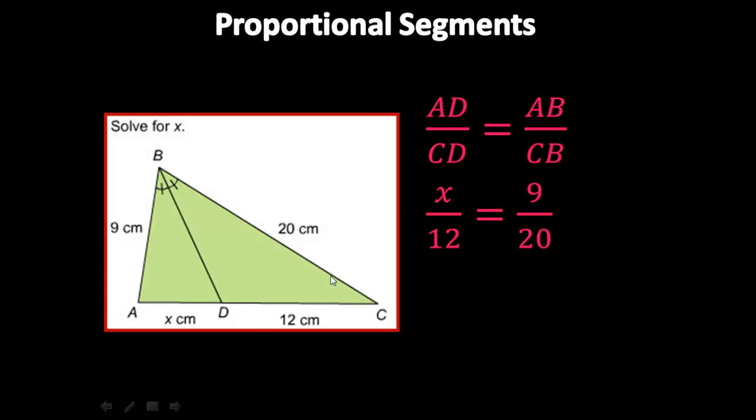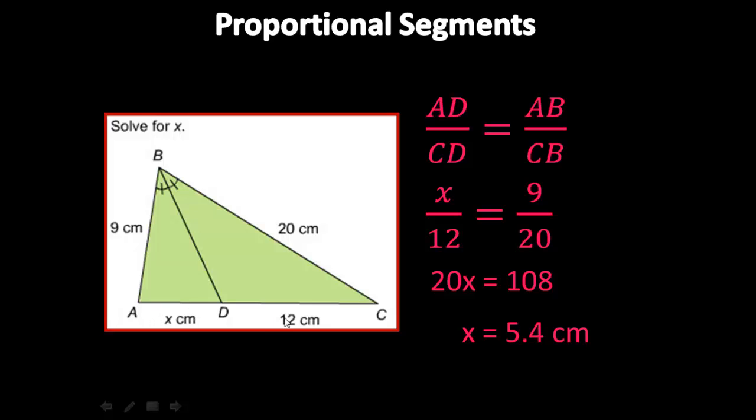I substituted AD with the x, CD with the 12, AB with the 9, and CB with the 20. And then did the cross multiplication. So I got 20x equals 108, and then you divide both sides by 20, and you get x equals 5.4 centimeters, which sounds pretty good.